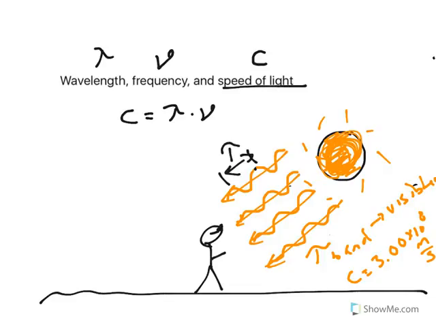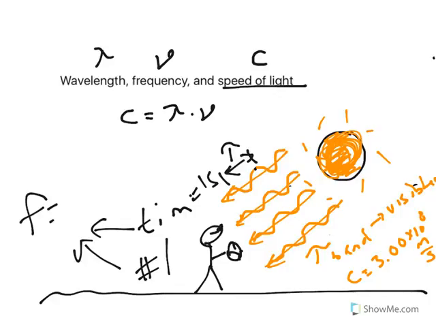And still, if you were standing here with a stopwatch and you counted the number that hit you in a time interval of a second, then what you would still get is frequency. Frequency is still equal to the number of those light rays that hit you in a time interval of 1 second.